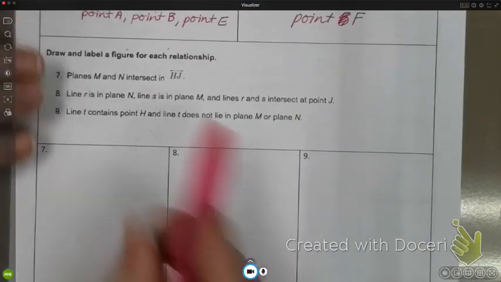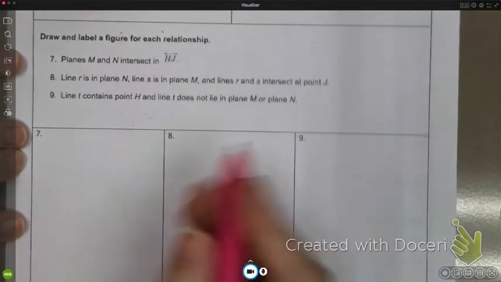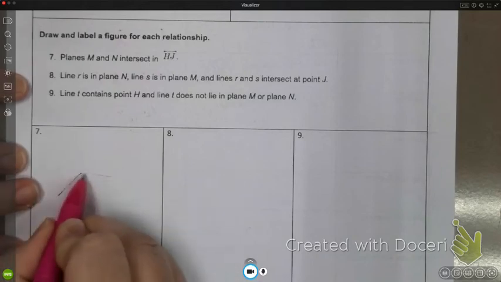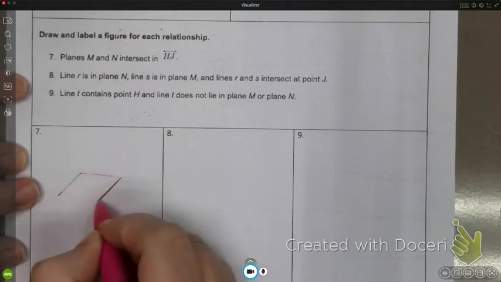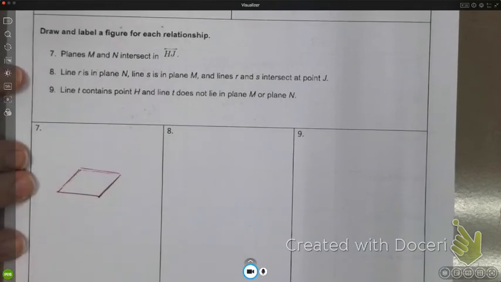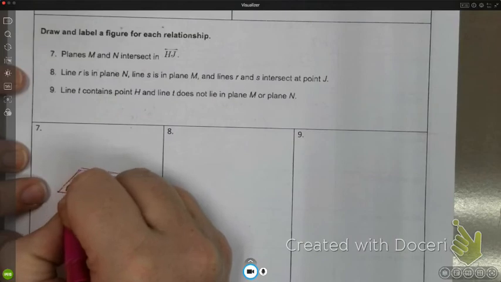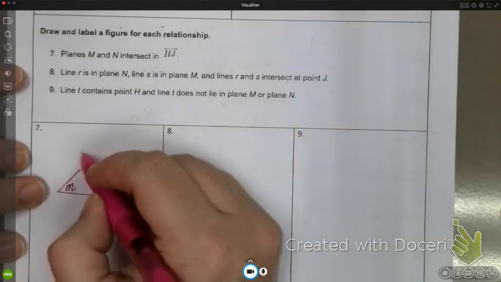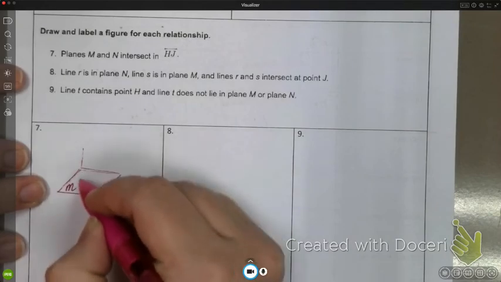All right. So planes M and N intersect in HJ. So I'm going to kind of try and sketch what I saw. So there's one of my planes. Yeah? I'm going to call that plane M. And then the other one kind of intersected it like this, didn't it?